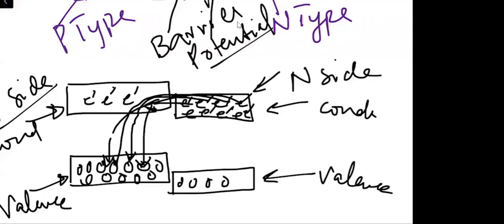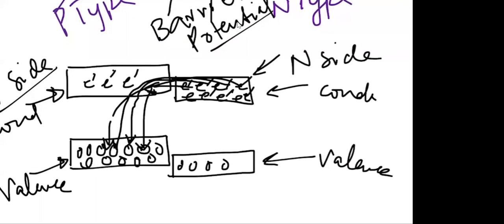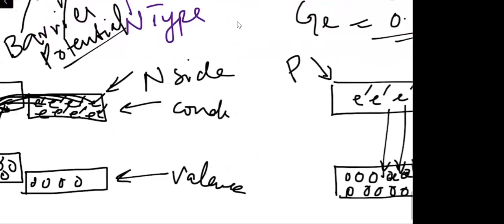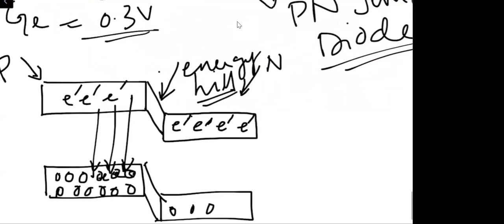So the net energy level of the conduction band on the n side goes down, and the net energy level is now lower than that of the p side. Due to this the energy hill is created, right? Because the conduction band on the n side is at a lower energy level as compared to the conduction band on the p side.